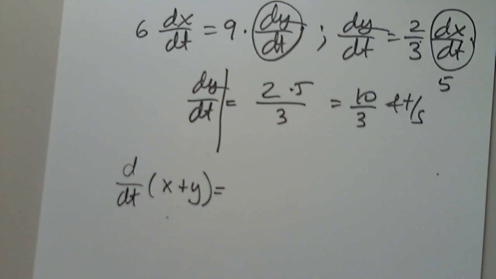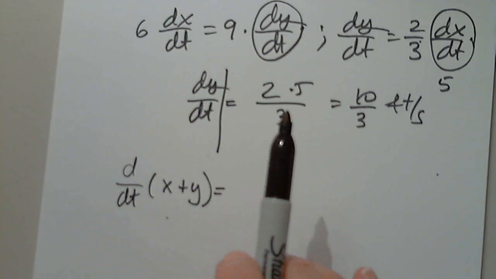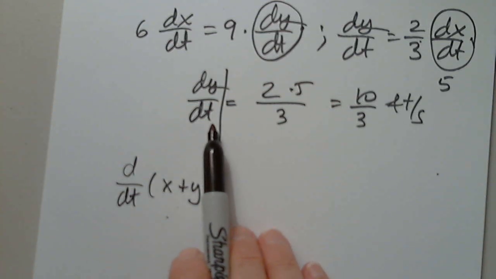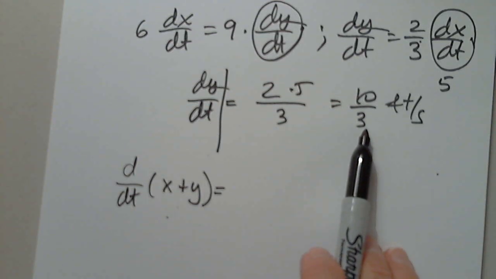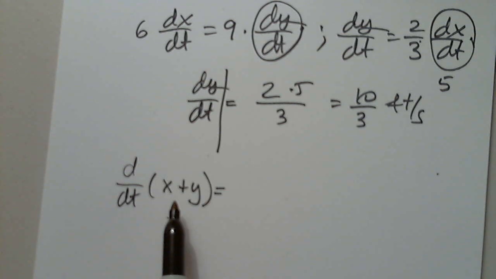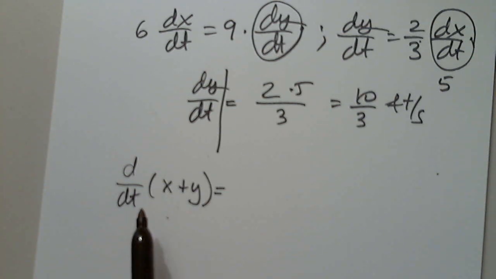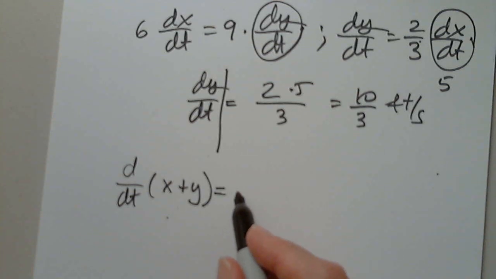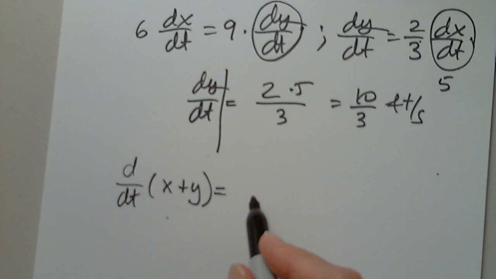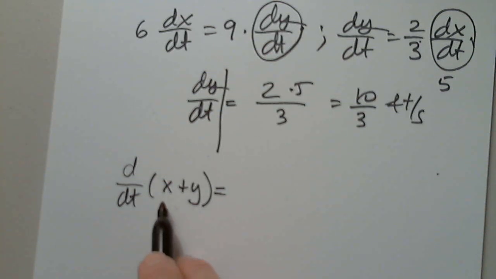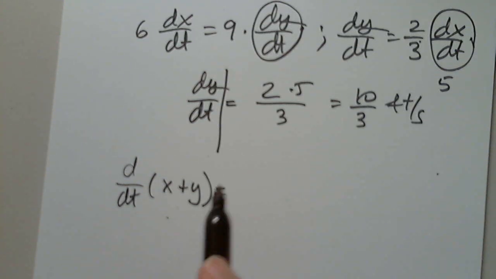So this is dy over dt, which is 10 feet per second. And we have dx over dt and dy over dt, when x plus y is 40.